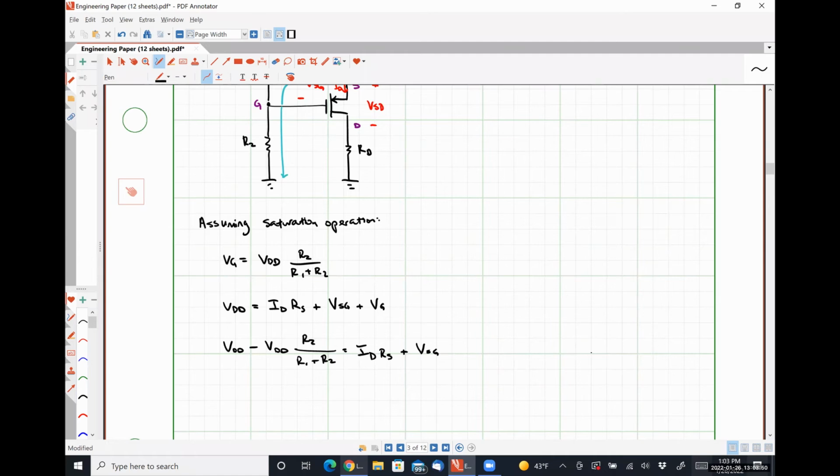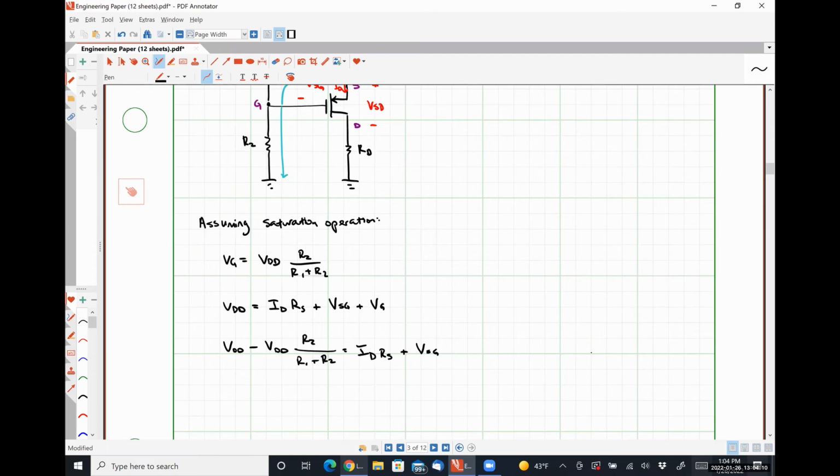Let's look at this portion right here. This is one of the things that's going to be a little bit different than what we saw for our NMOS transistors. We could multiply this first term by a factor of R1 plus R2 over R1 plus R2 to be able to combine those two things together.